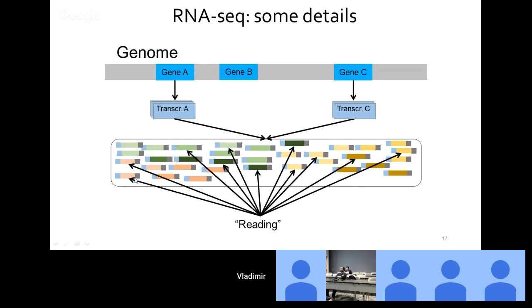And if we perform multiple steps of PCR amplification, then the probability of reading several copies of the same initial segment becomes rather high.